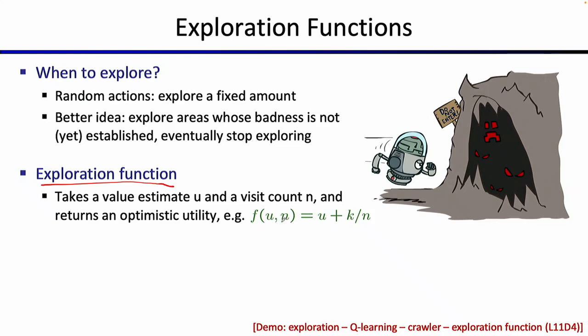where, and again, you've seen something very similar with the UCB1 heuristic in Monte Carlo tree search, we have an exploration function f that combines the utility, or the sum of all of the value, and the number of times we visited a particular state.